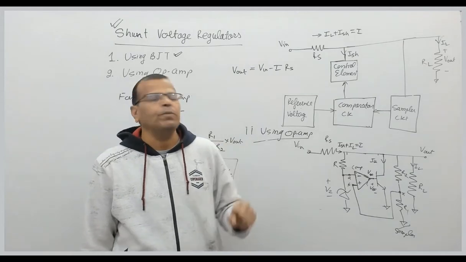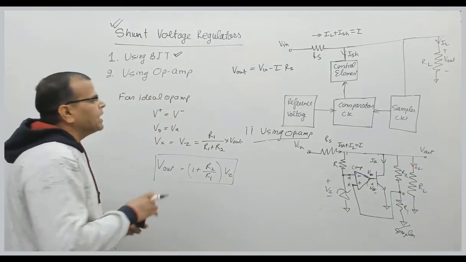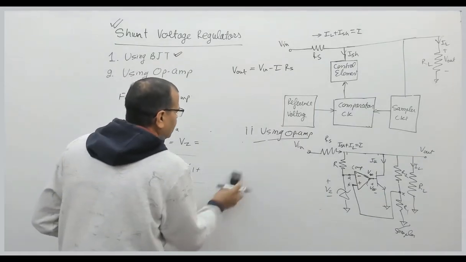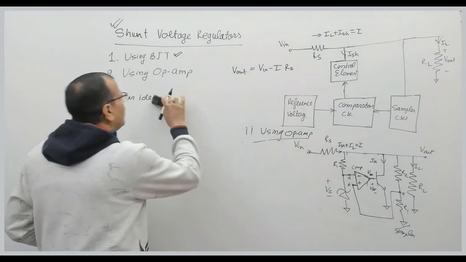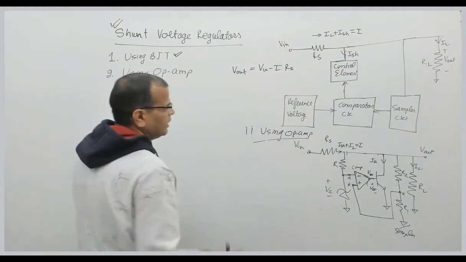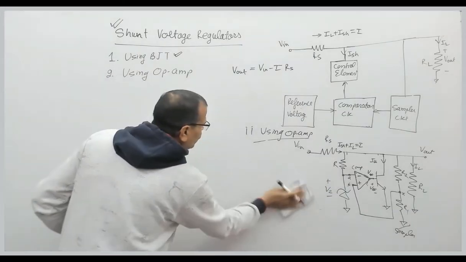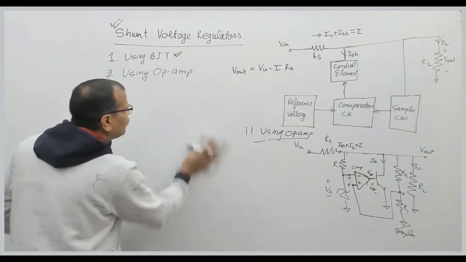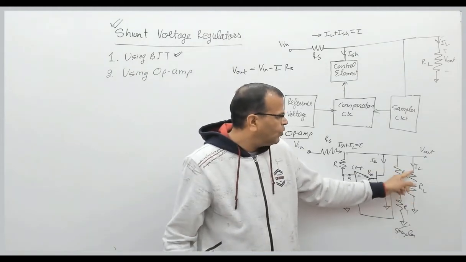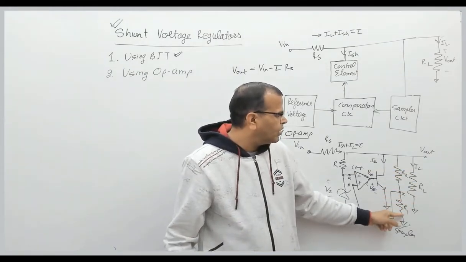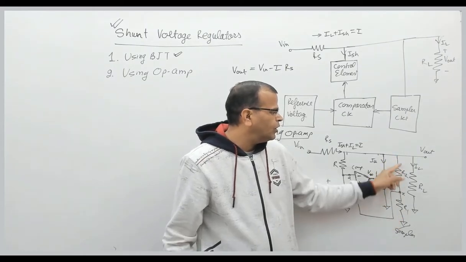So case 1, suppose the output voltage decreases. When the output voltage reduces, what will be happening in the circuit? That is what we need to understand. When the output voltage reduces, the voltage across R1 will reduce because the voltage across this combination has reduced.